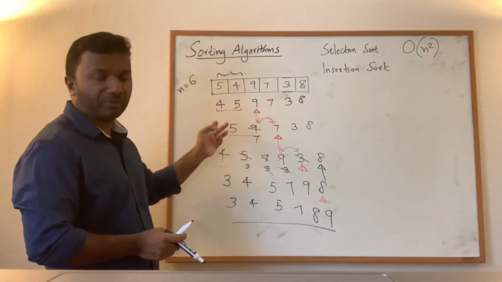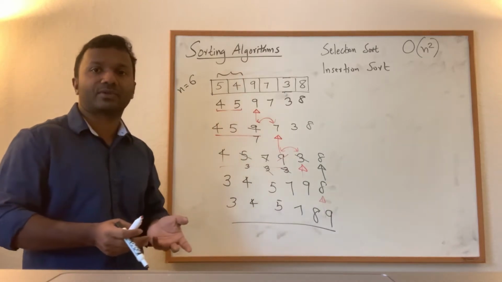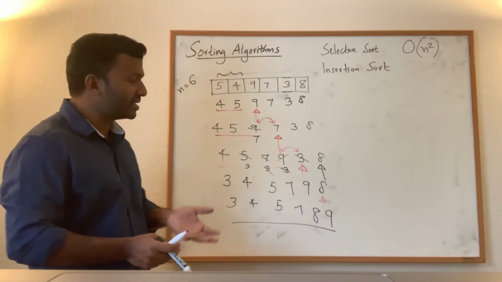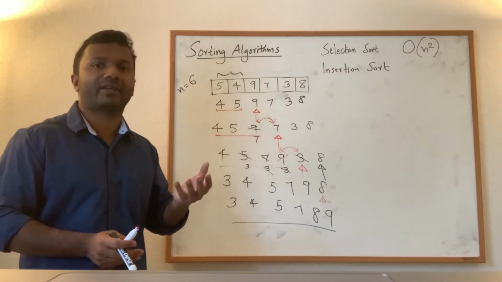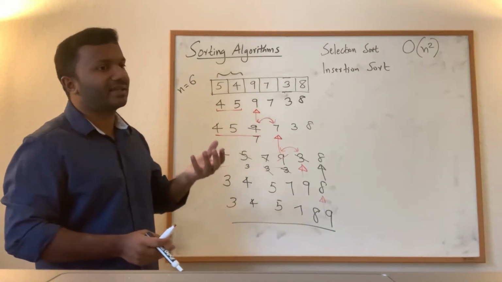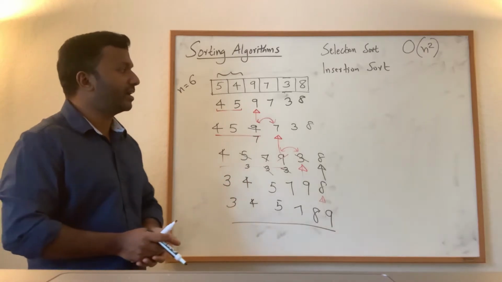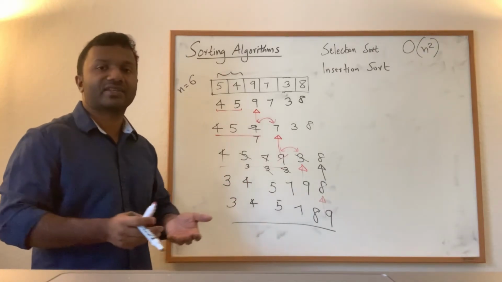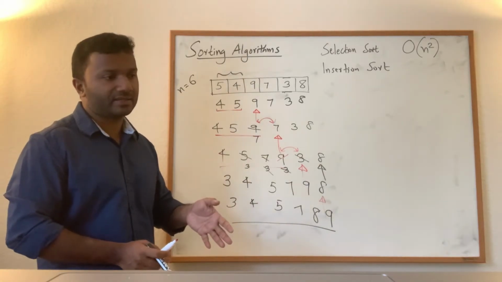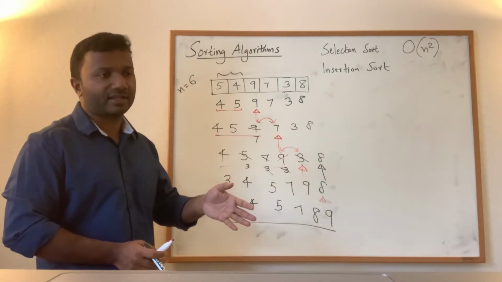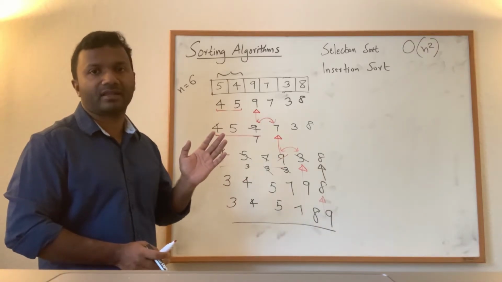Then I will do one more comparison, and that might ask you to do one more swap. So in general, the kth step might end up having around k minus 1 comparisons and k minus 1 swaps, right? In the worst case, the kth step is going to cost you roughly k time.